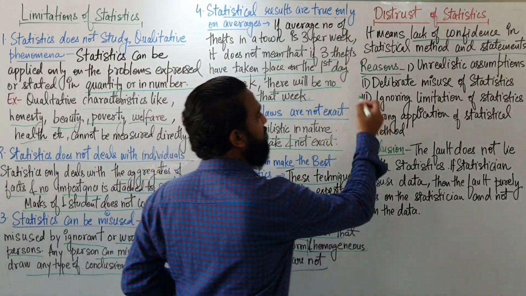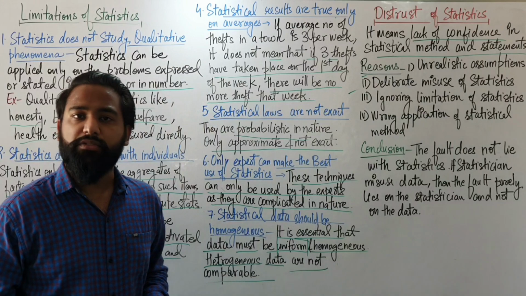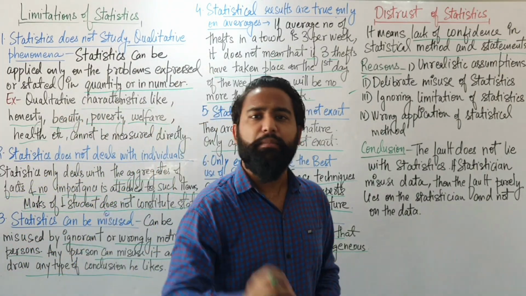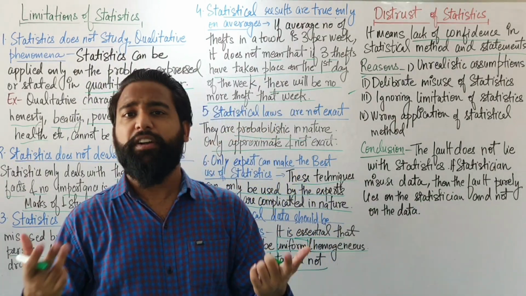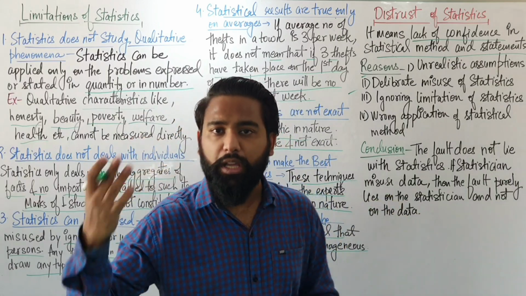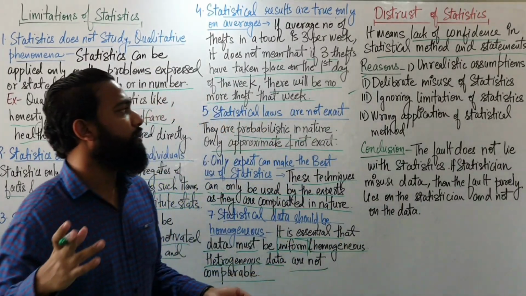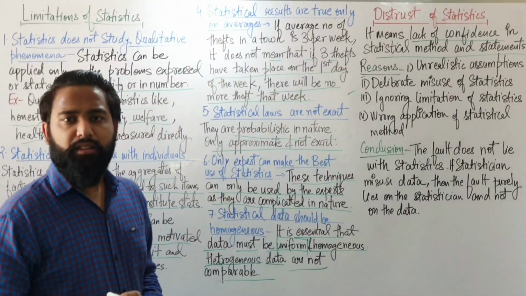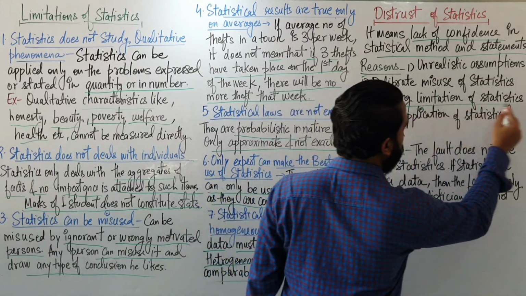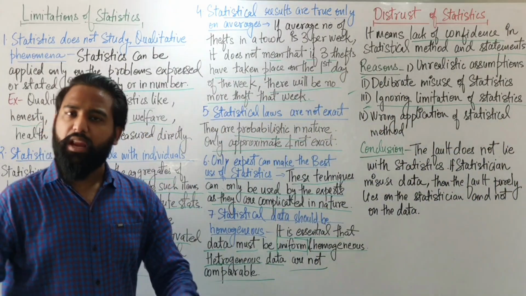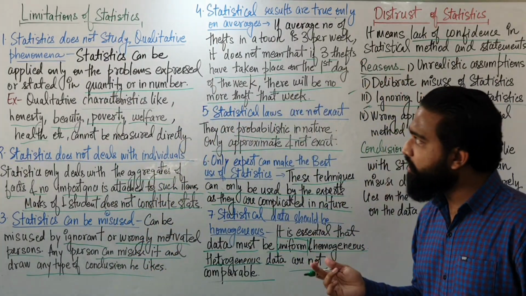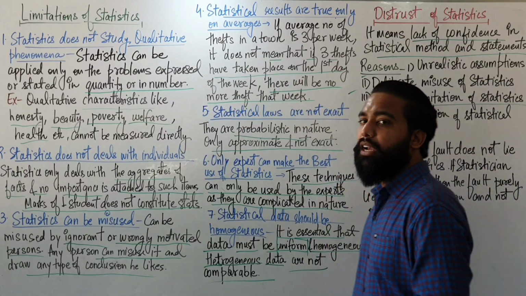The second one is deliberate misuse of statistics. Sometimes people, companies or businessmen deliberately misuse statistics to show their profits, to show that their business shares are going into profit and not into losses. The third one is ignoring limitations of statistics. Sometimes there are limitations, such as that it is true only on averages and it cannot study qualitative phenomena.